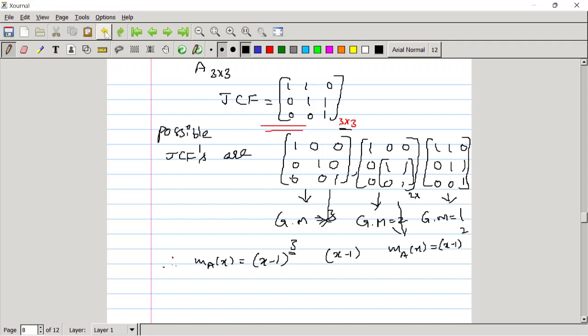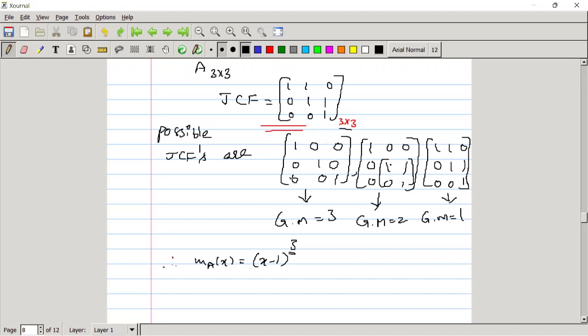Yes, sir. Sir, how is the order of the Jordan block 3 here? Can you please explain? Yeah, nothing but this one. Actually the order can be defined like this.